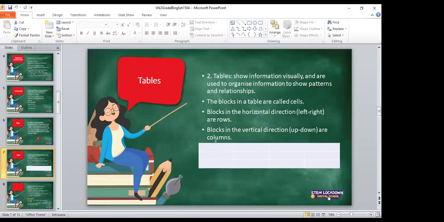Then blocks in the vertical direction, that is when we move up and down, those blocks are called columns. So in our example here, my table has 4 columns, 1, 2, 3, 4, and it has 1, 2, 3 rows. So this table has 3 rows and 4 columns.